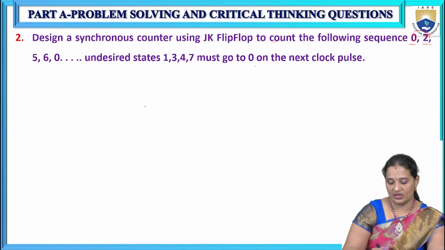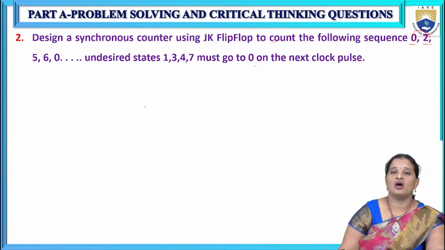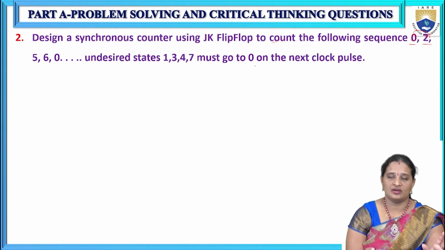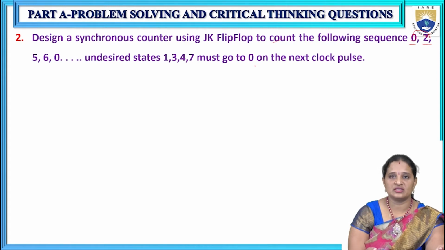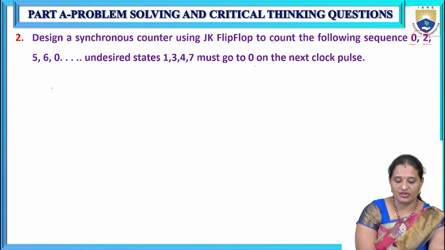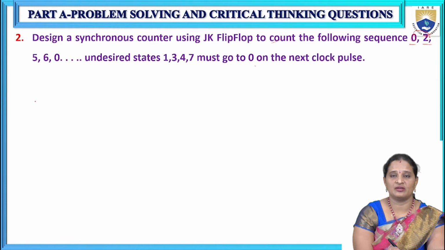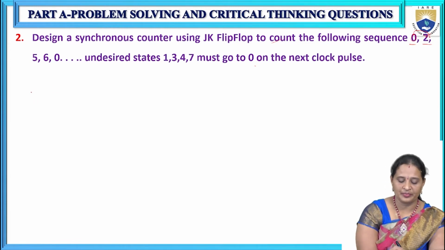First of all, we need to recall the process of designing a synchronous counter. We need to draw the state table. In the state table we have the present state.